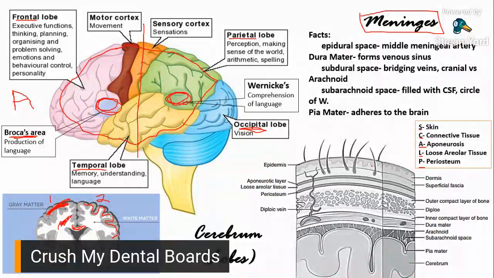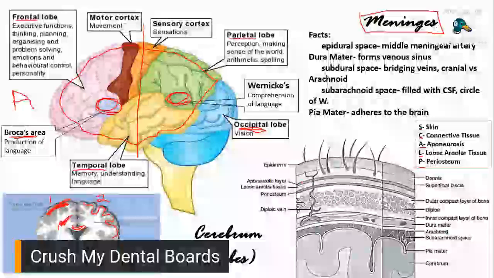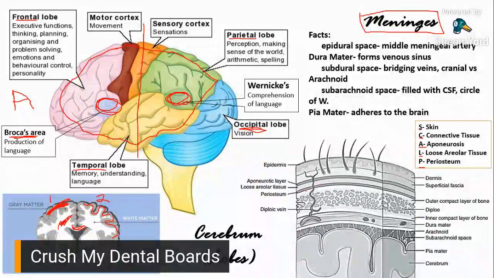So you have your skin right here, your epidermis, and then you have your connective tissue layer under your skin, and then you have your aponeurotic layer right here, and then underneath the A you have L, which is your loose areolar tissue, and then beneath that would be your periosteum. So the periosteum right here would be your bone.